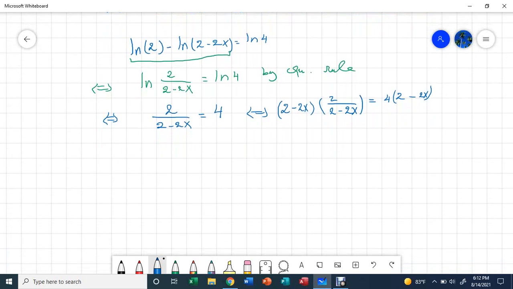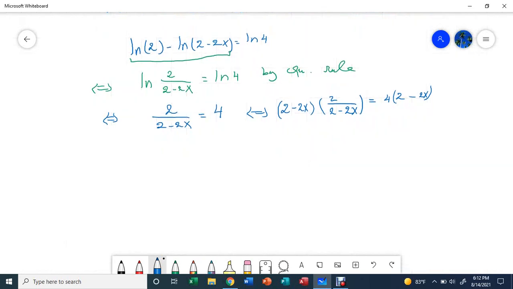Now I can simplify, so the left hand side is just 2, because the 2 minus 2x will cancel each other. So I get 2 on this side, and on this side I have 4 times 2, which is 8, and 4 times negative 2x, which is negative 8x.